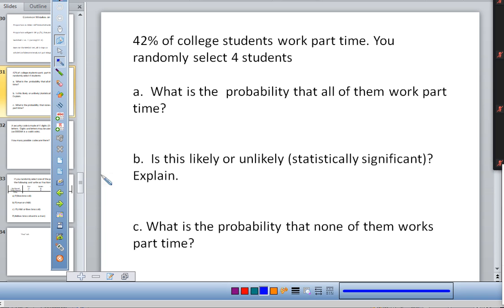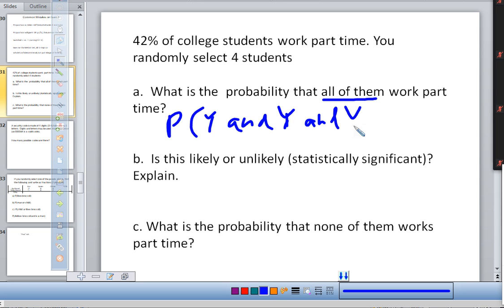The beauty of it is you don't even need binomial, because anytime you have all or none, then there's no confusion. It means that it's the probability of work part-time, yes, and yes, all of them, and yes, and yes.